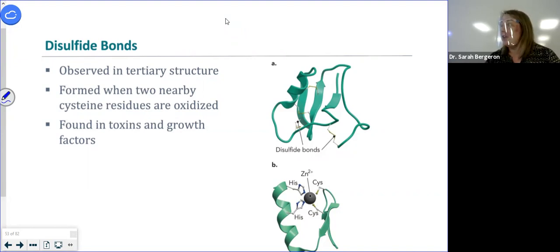Cysteine, right? Cysteine has that reactive sulfur. So when those 2 are oxidized, then they are forming the disulfide bond or the disulfide bridge. Some places say it as a bridge, some places say it as a bond. It's a lot of times found in smaller globular things like toxins and growth factors.